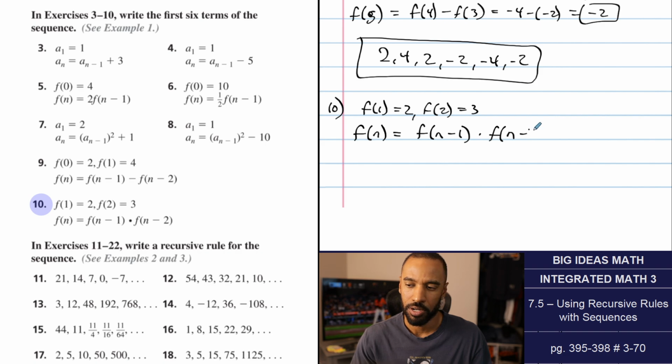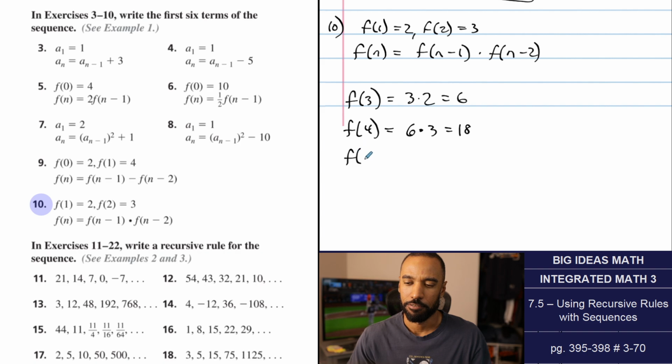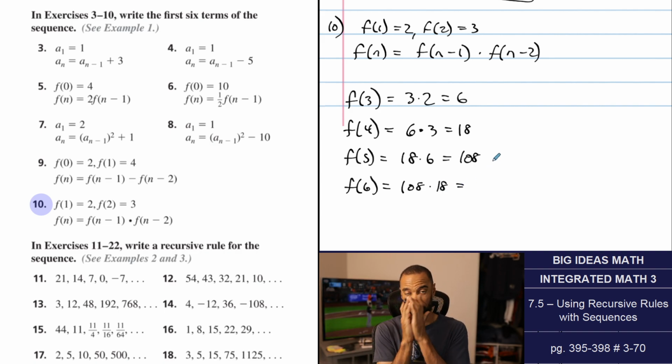Doesn't really matter the order, but it seems like it's the term right before, etc. So f of 3 will be 3 times 2, which is 6. F of 4 will be 6 times 3, which is 18. F of 5 will be 18 times 6, which is 108. And f of 6 is 108 times 18, which is, I don't know.